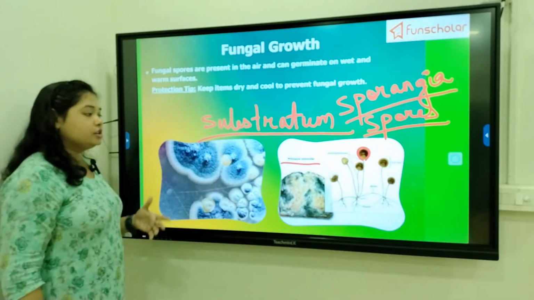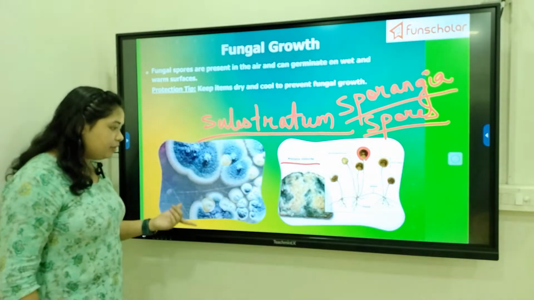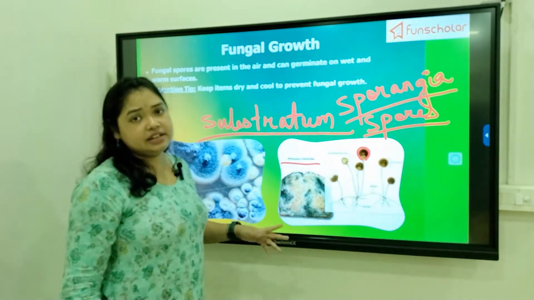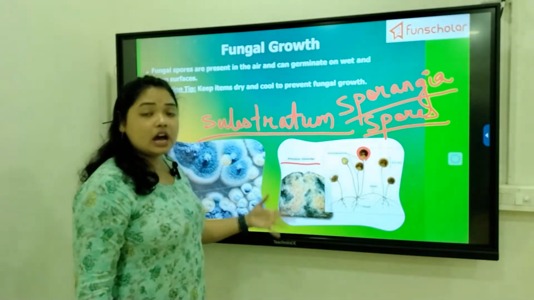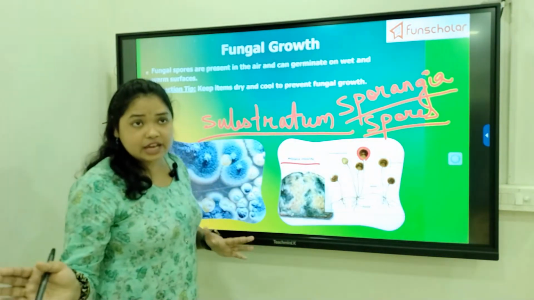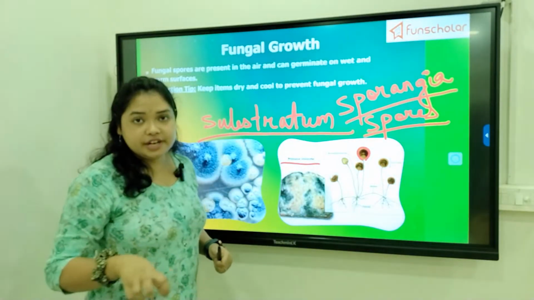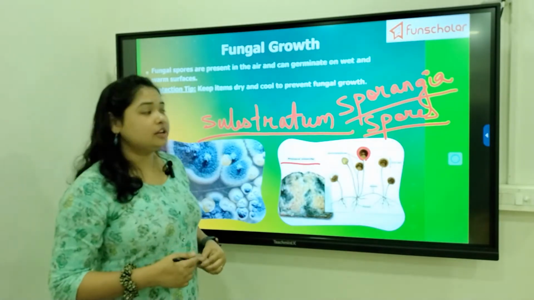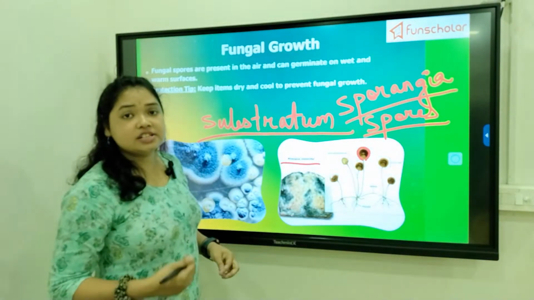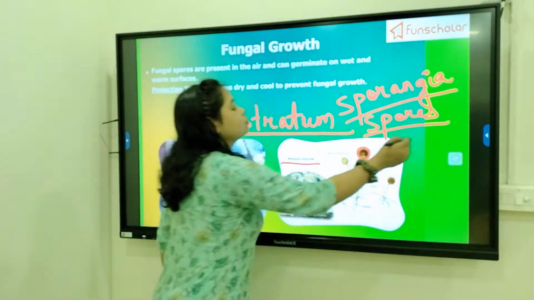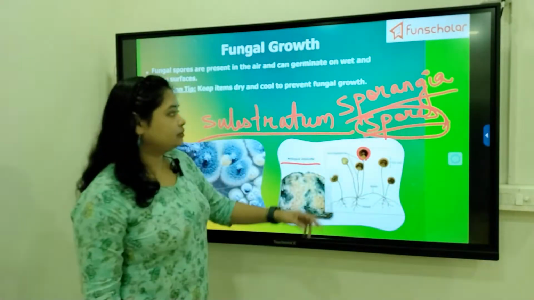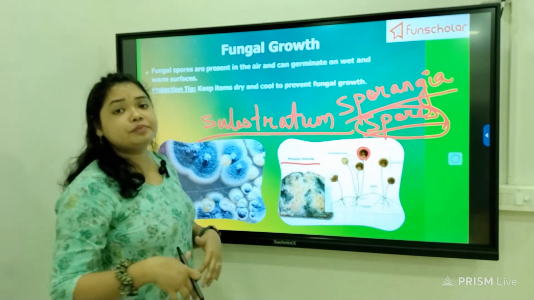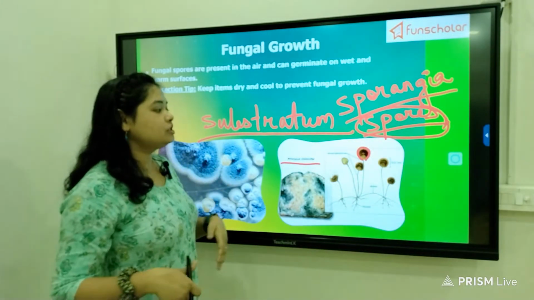So therefore, if one bread is rotten, you can see like this, it is very likely that you need to separate it out and keep it or throw it away, so that the other fresh foods are not spoiled due to the spreading or dispersion of these spores, when the sporangia dehisce and give out the spores in the open air.